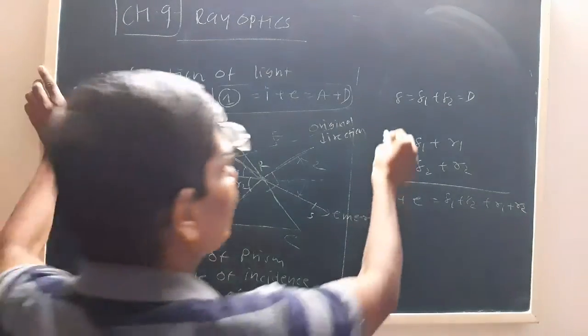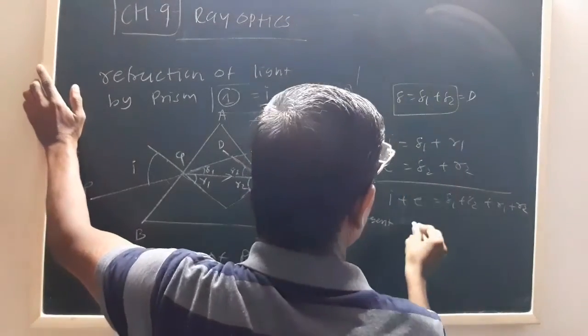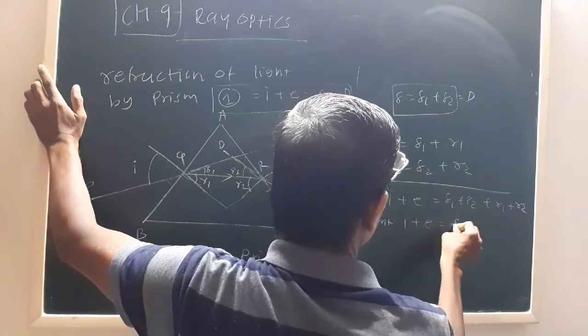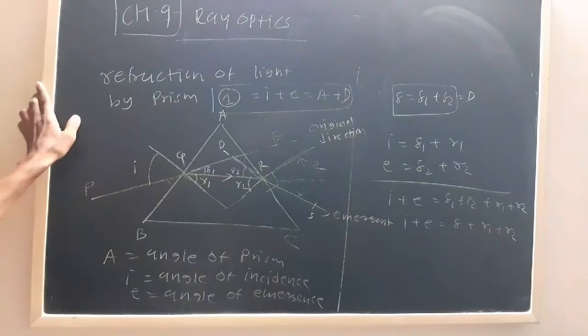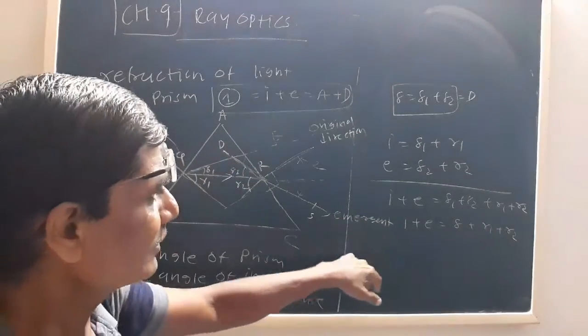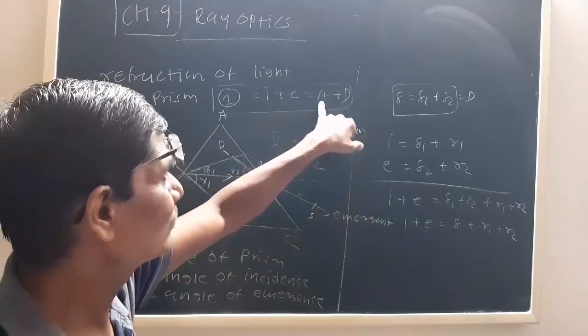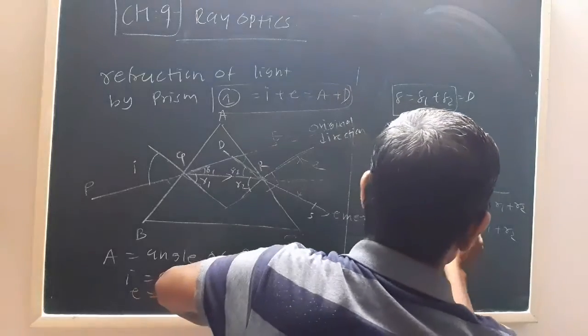Now this delta 1 plus delta 2 is delta, which we have proved. Now if I compare, see what is remaining. We can write this as D also, or delta.